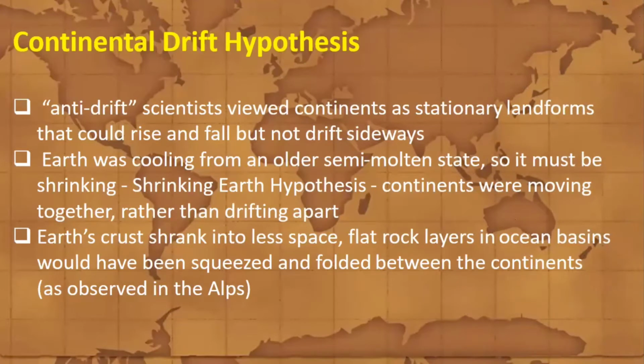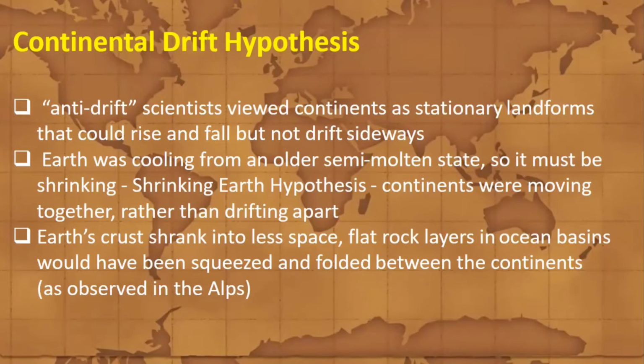These are some of the hypotheses of continental drift theory. There was an anti-drift scientist who viewed that continents are stationary landforms that could rise and fall but not drift sideways. There was also one scientist who believed that Earth was cooling from an older semi-molten state, so it must be shrinking.